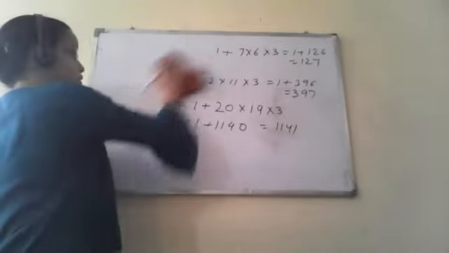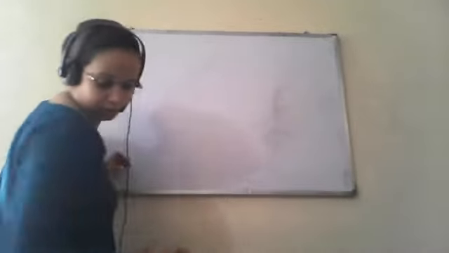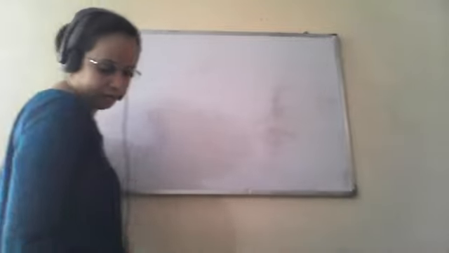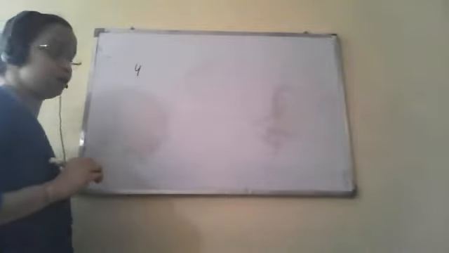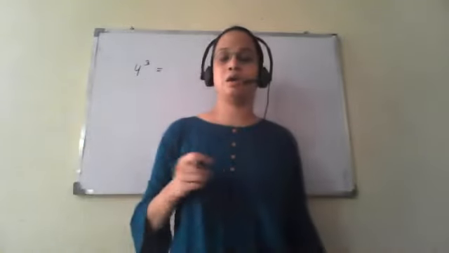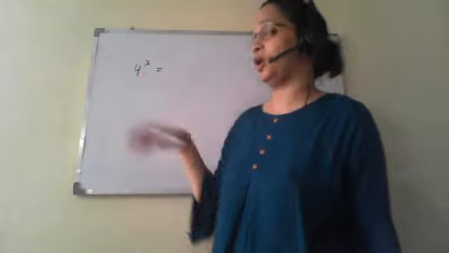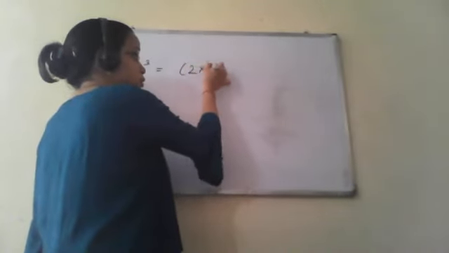Now one more property, cubes and their prime factors. See, if I am taking 4 cube, and I express this 4 in its prime factors, 4 can be written as 2 into 2.